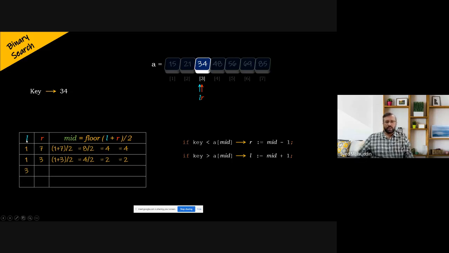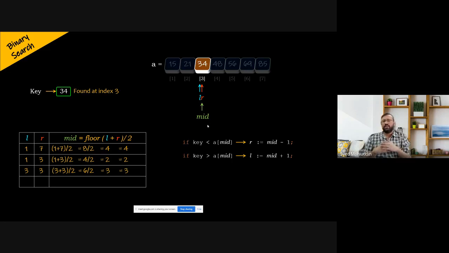Then L is 3, R is 3. So 3 plus 3 is 6, 6 divided by 2 is 3. So mid index will be 3 now, pointing to the element at index 3. Now 34 is checked. It is equal. So the mid index is returned, and we say that we found the element at index 3.